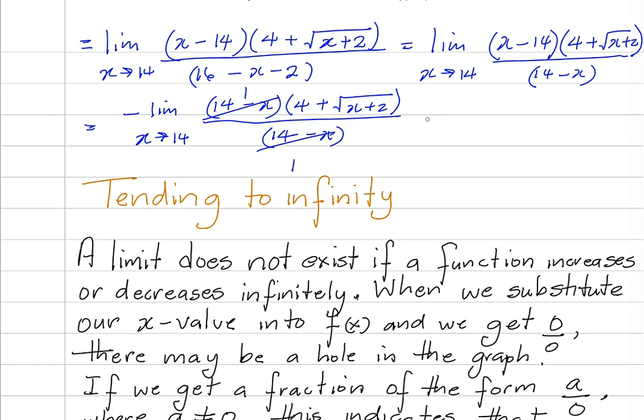Alright, and then now by direct substitution, this is equal to minus, and we have what? 4 plus the root of 14 plus 2. The root of 14 plus 2 is the root of 16, which is 4. So 4 plus 4 is 8. So this is equal to minus 8.